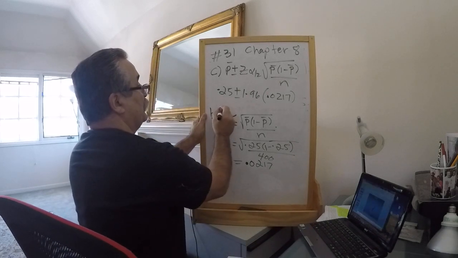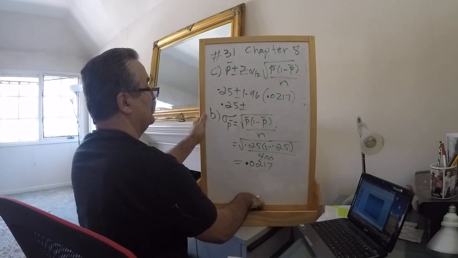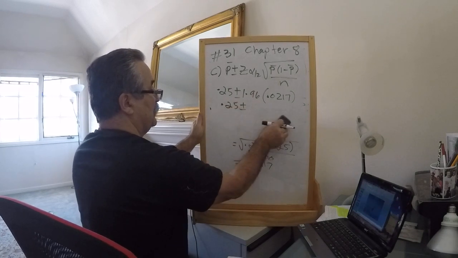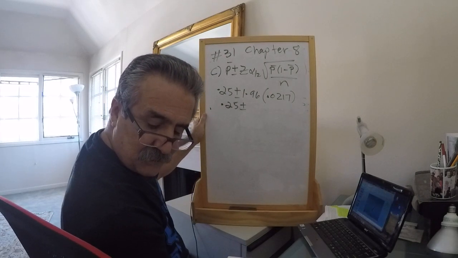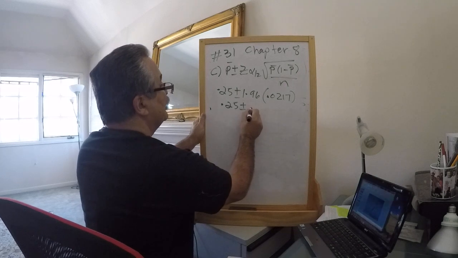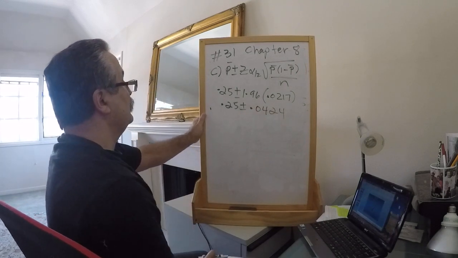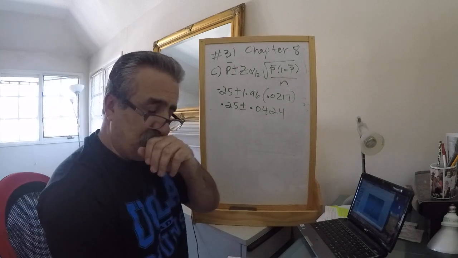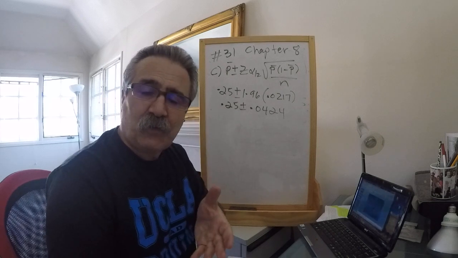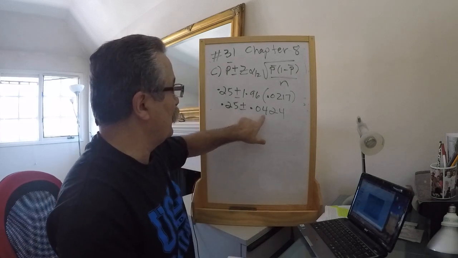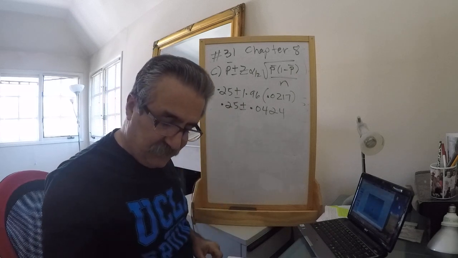And this comes out to be 0.25 plus or minus 0.0424. So we are 95% sure that our population proportion is going to be within this range when we add and subtract this to and from 0.25.